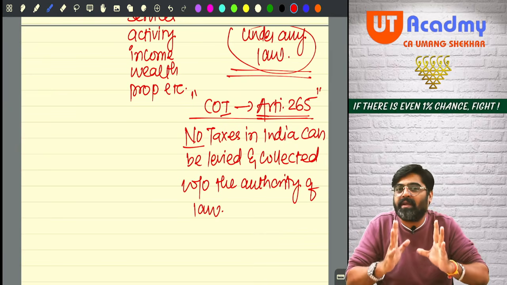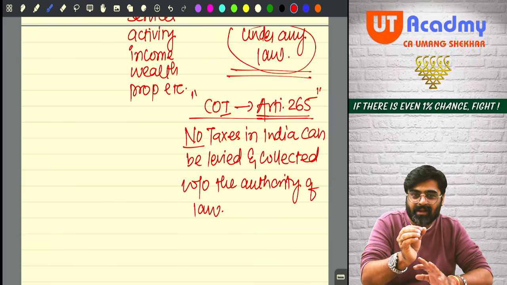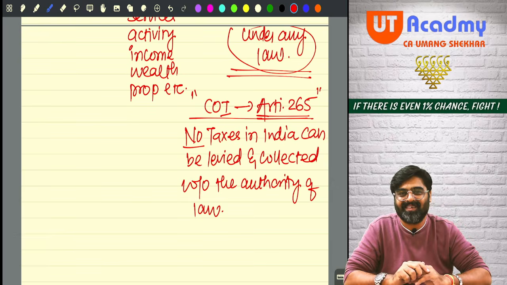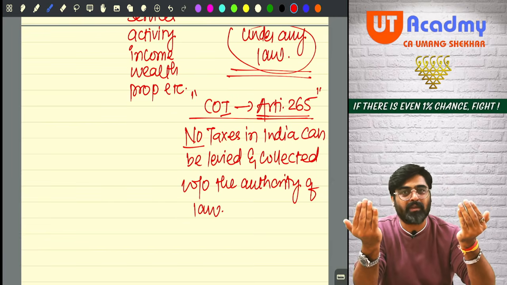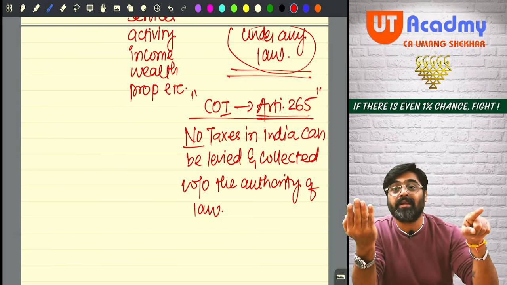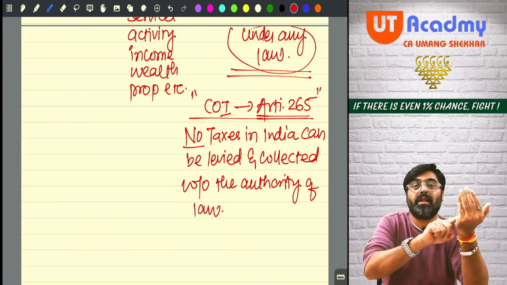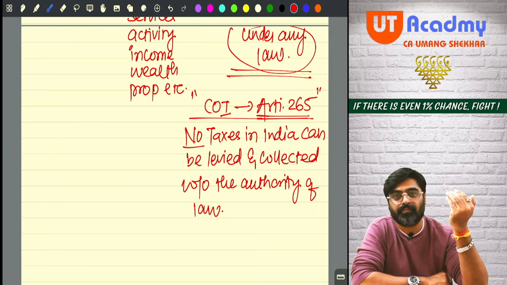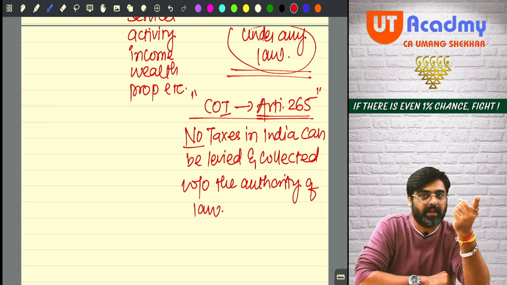So the beauty of indirect tax is what? In indirect taxes, the burden can be shifted. Impact and incidence do not fall on the same person, they fall on different persons. Incidence means liability falls on someone, and impact means the burden falls on some other person. Got it? So this was your direct tax and indirect tax.